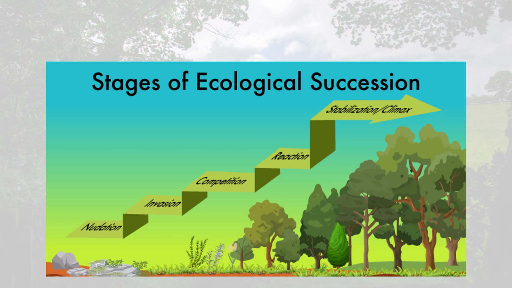In the course of time, those who survive also affect the environment, which is called reaction. Due to these reactions, they survive till maturity and produce a stable population, in equilibrium with the environment, which is the climax community.